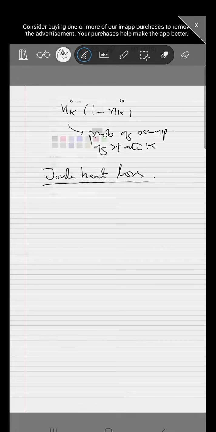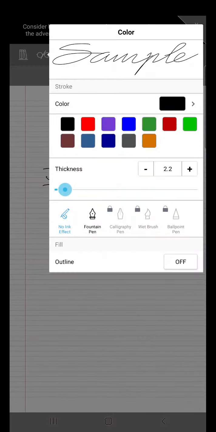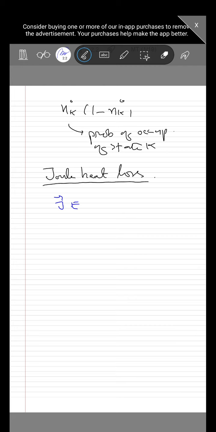That is given as J dot E, which is the summation over i j of sigma i j E i E j, where the electric field is i omega A by c.